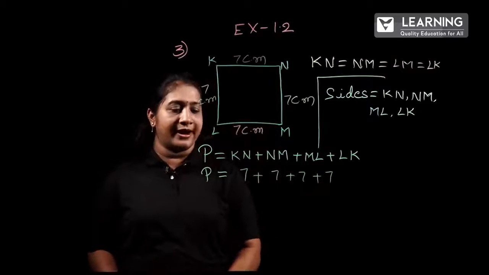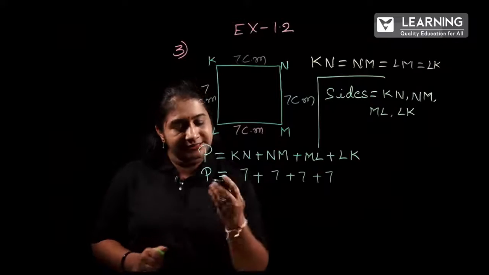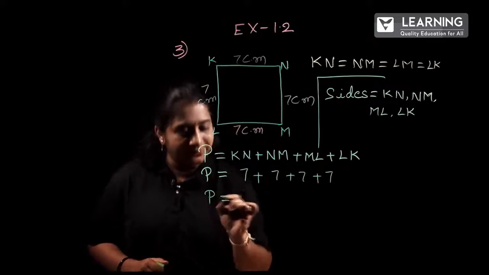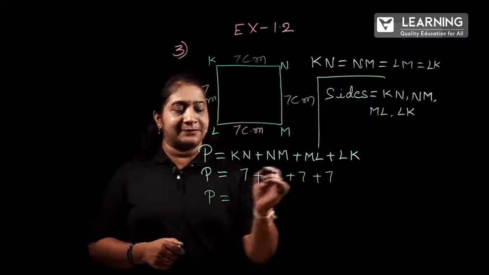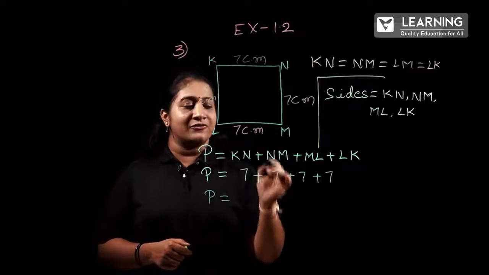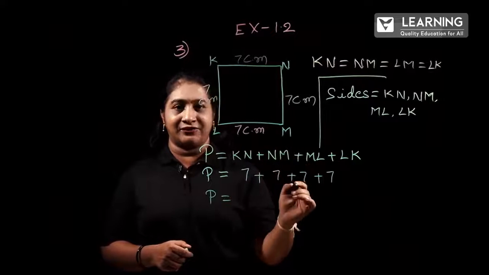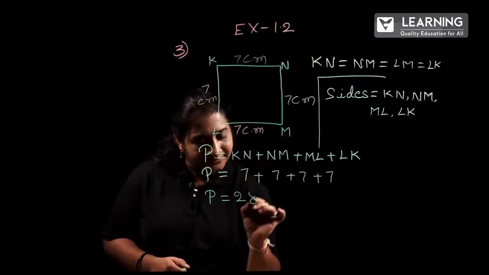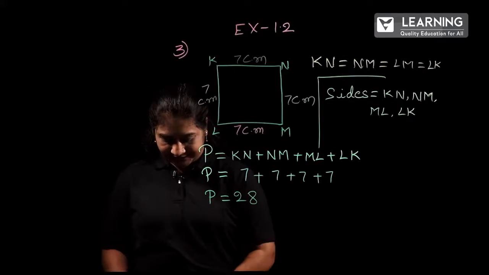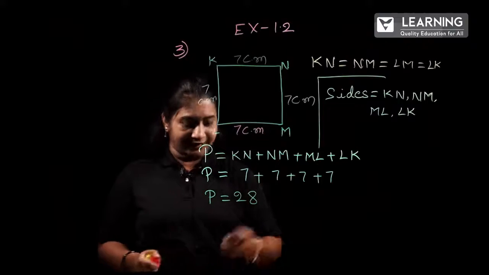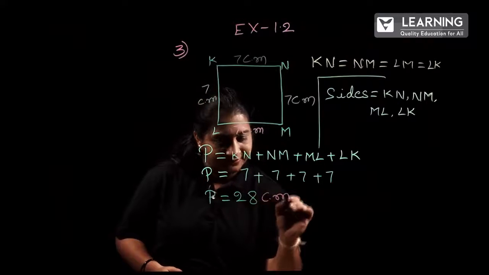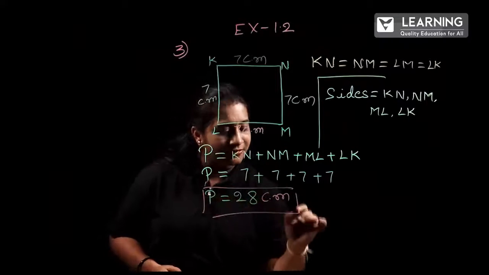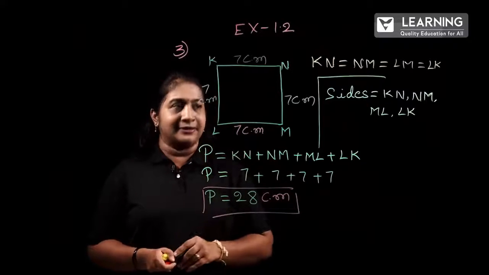Now, we have to add all the values. P is equal to 7 plus 7, 7 plus 7 is 14, 14 plus 7 is 21, 21 plus 7 is 28. 28 centimeter is the value of the perimeter.